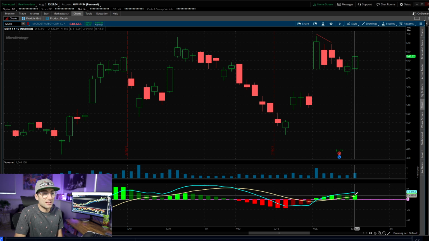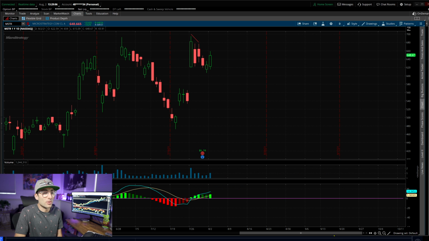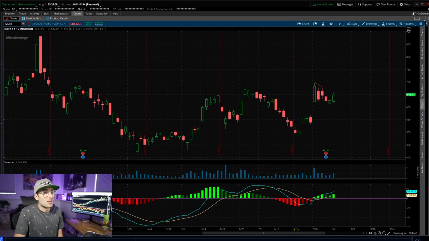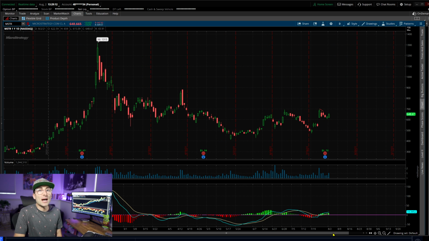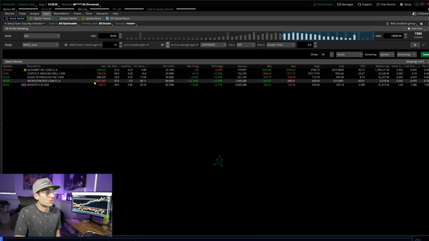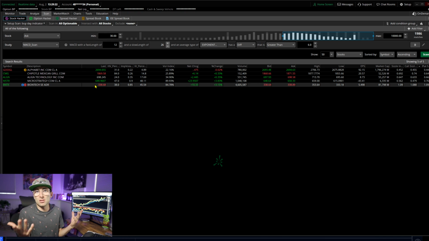So you can see the histogram here is showing the difference. So that could be a buy signal, that could be a sell signal. I don't know how you would use this setup, but it's interesting that you're able to scan for that. So sometimes stocks you don't want to trade have a MACD of a certain level. Maybe stocks you do want to trade have a MACD reading of a certain level too. So that can all be scanned for.